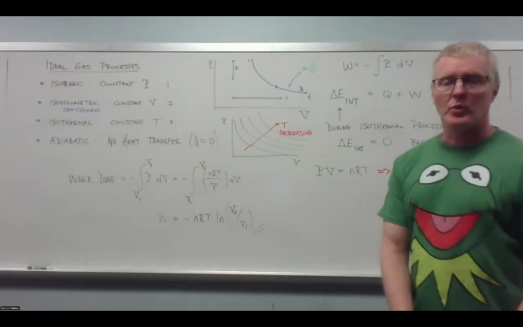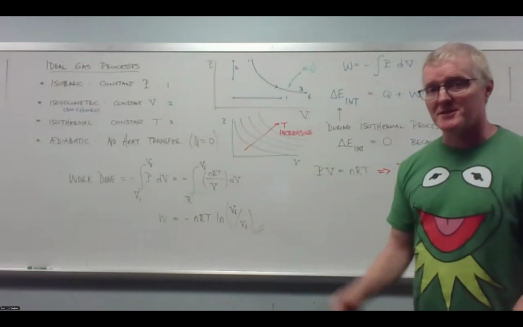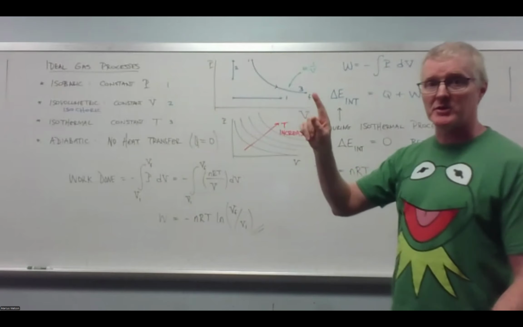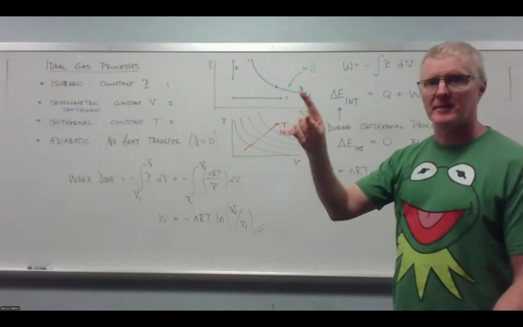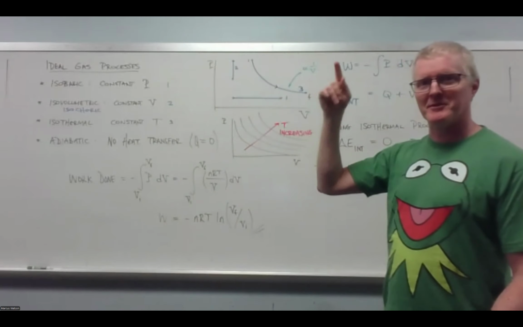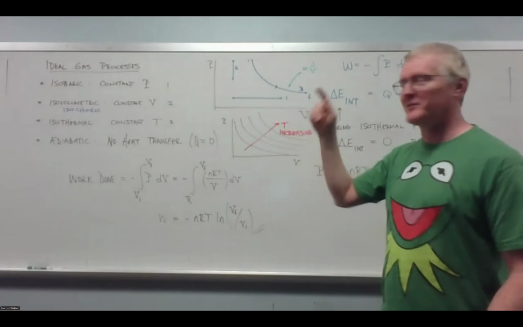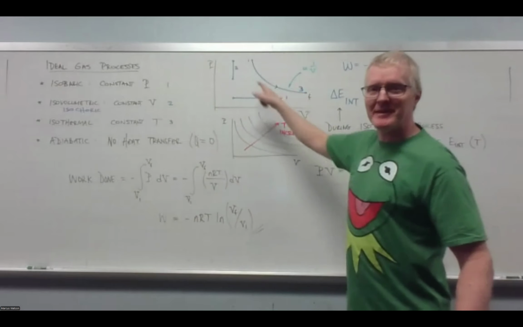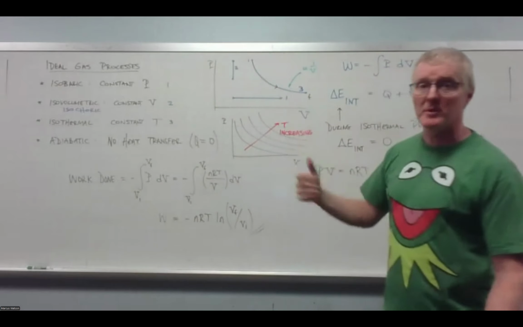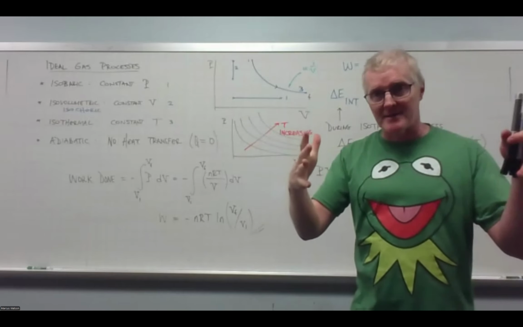And so your work done during an isothermal process is negative because it's work done by the gas. Remember, I'm doing an expansion. See, I'm starting here and coming down the thing here, right? So as I go from a smaller volume to a larger volume, the gas is expanding.